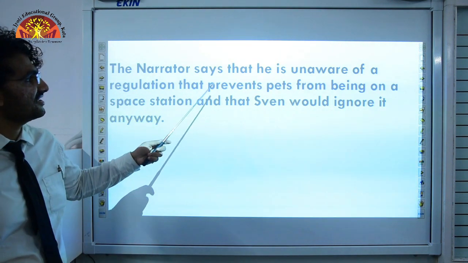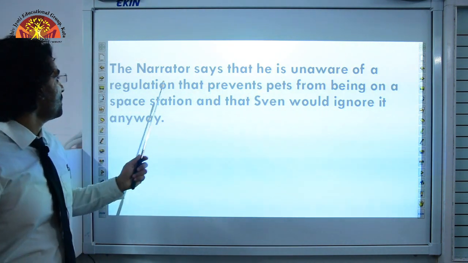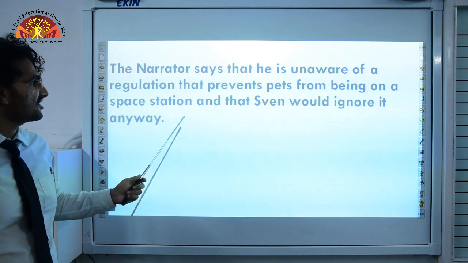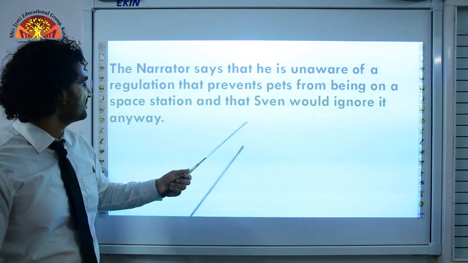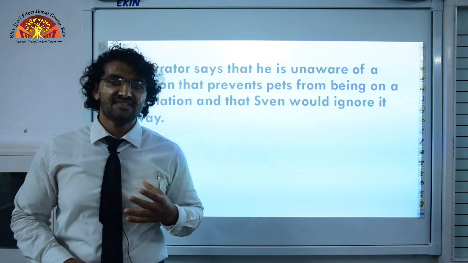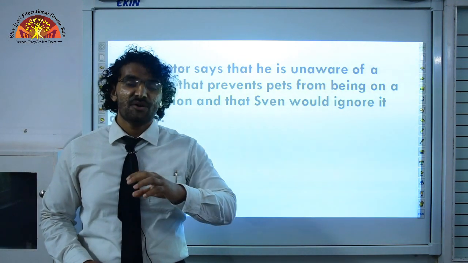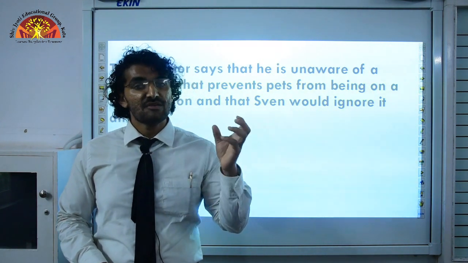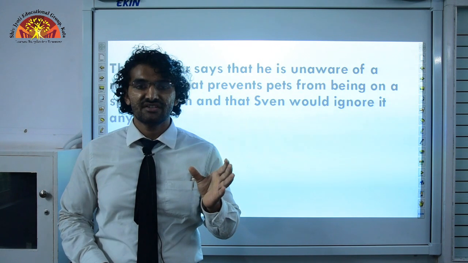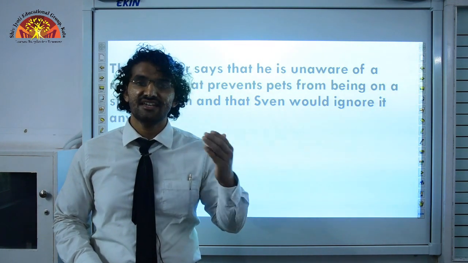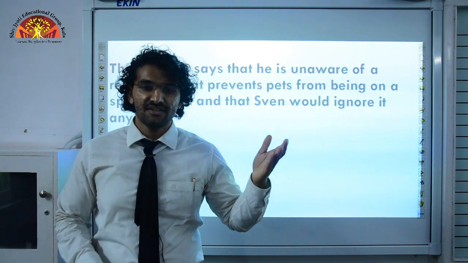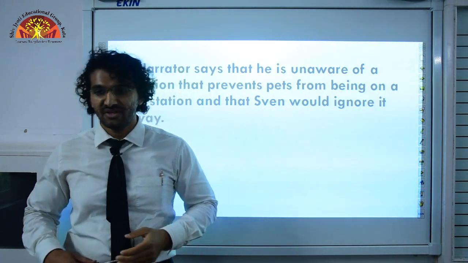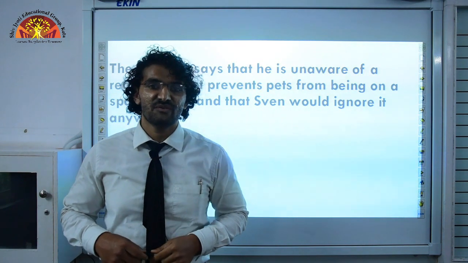The narrator says that he is unaware of a regulation that prevents pets from being on a space station, and that Sven would ignore it anyway. So the narrator says that he does not know about any rule or regulation that prohibits keeping a pet on a space station, and he is thinking that Sven is anyway not going to follow any rule, because he's not a big rule-follower kind of person.